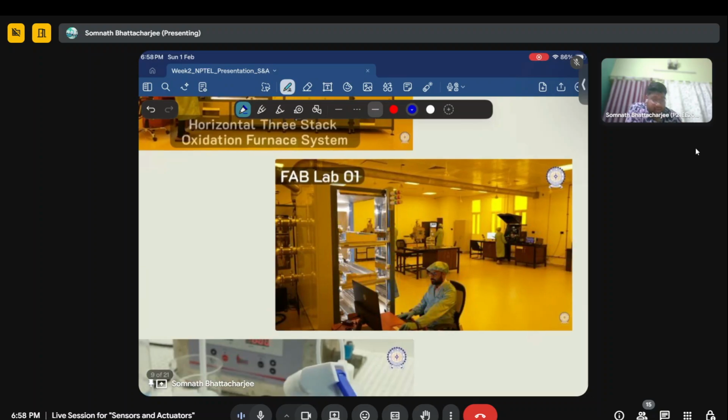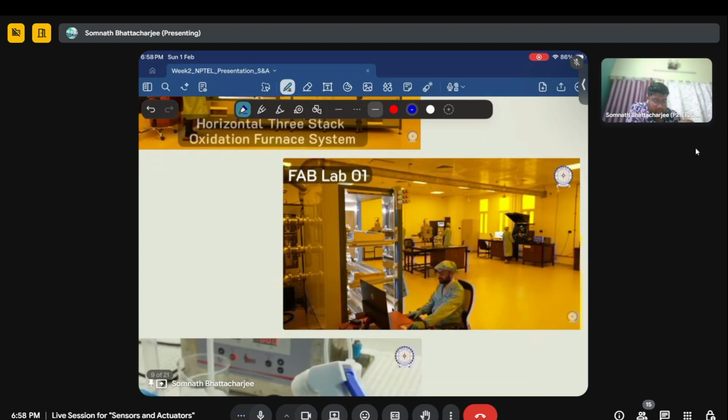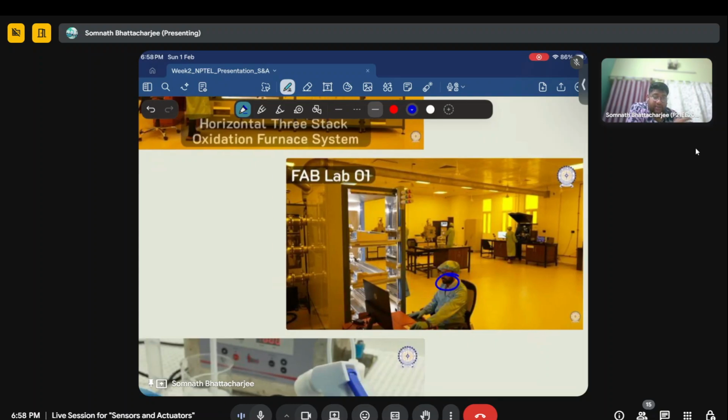There's also another problem here: this person has a beard. In most international labs, they don't encourage beards, because hair or beard particles can fall onto your device. Even if you have one, you have to cover it properly with a complete face mask.